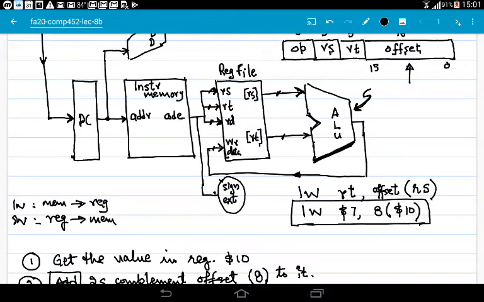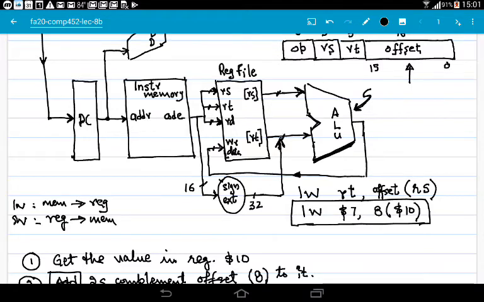The input is 16 bits, but it outputs a 32-bit number preserving the sign of the input number, and then that number goes to the second input of the ALU.